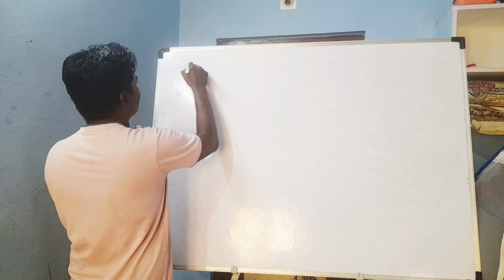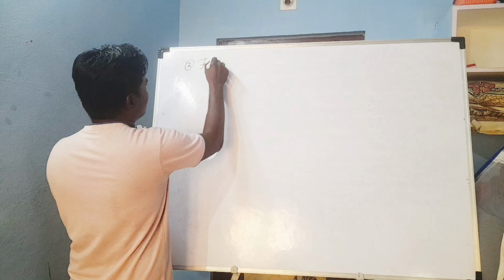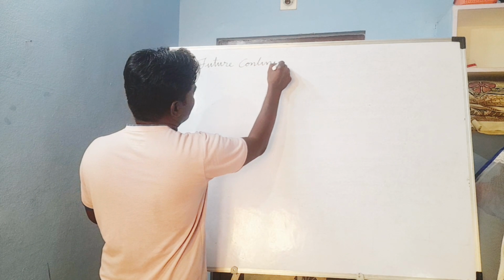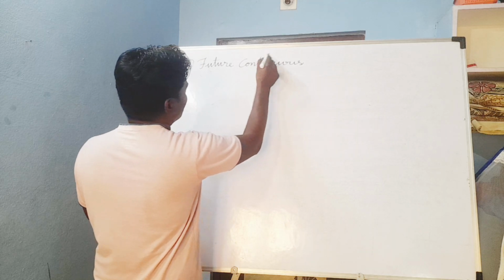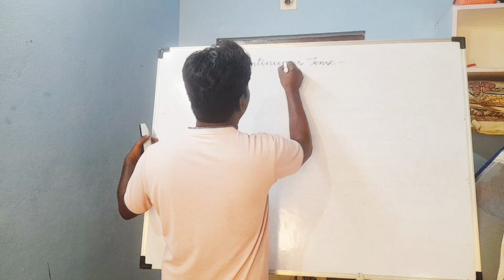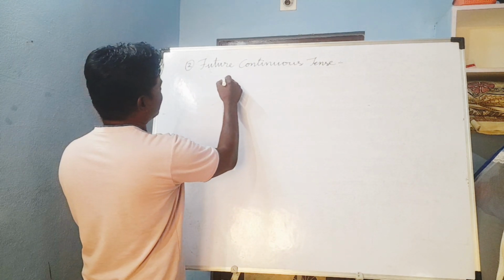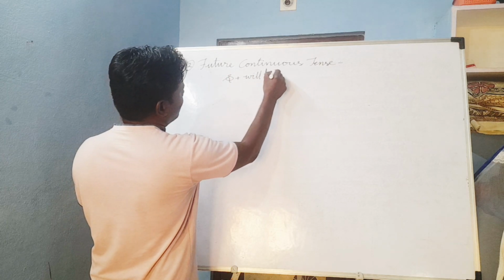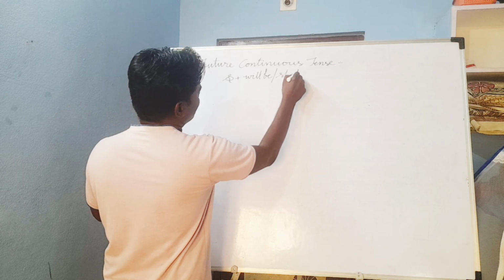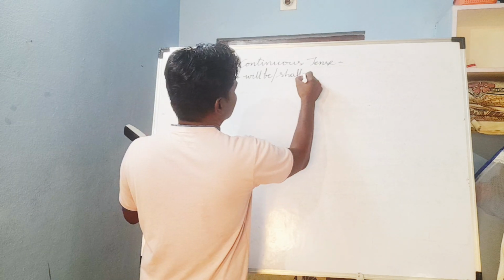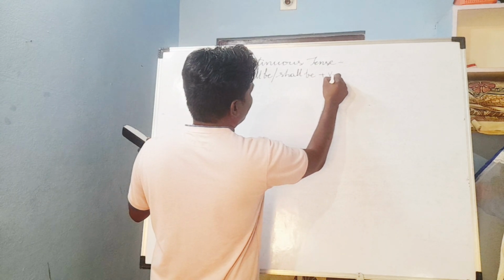Next one is future continuous tense. The structure of the future continuous tense is subject plus will be or shall be plus V4 plus object.